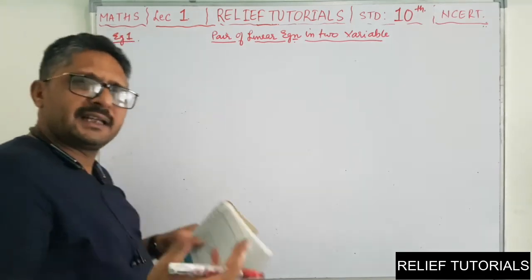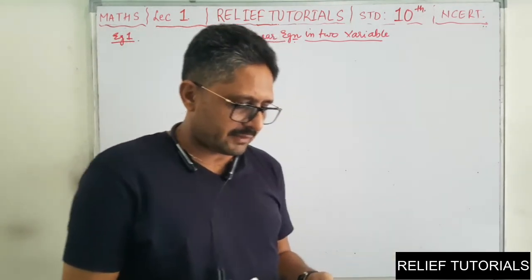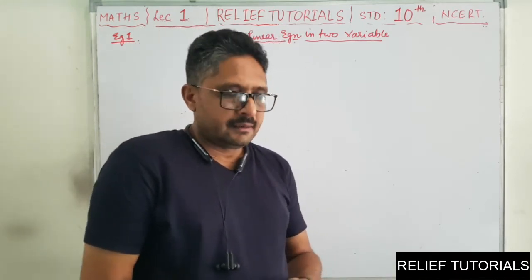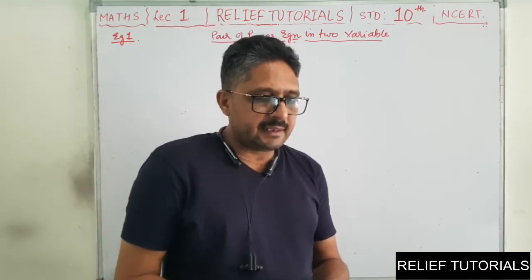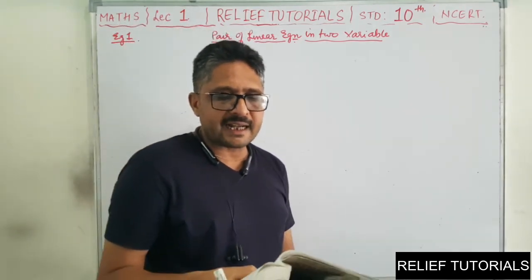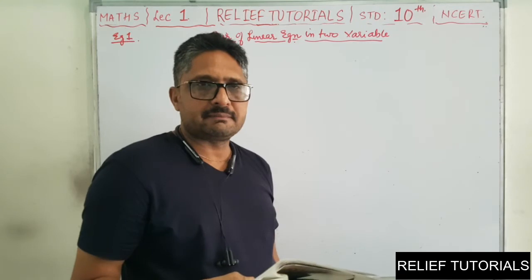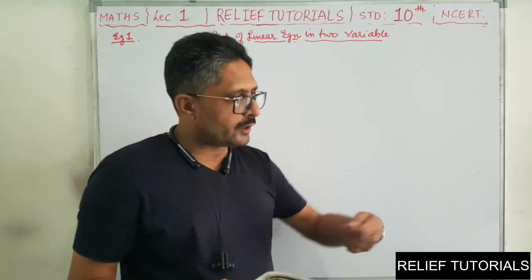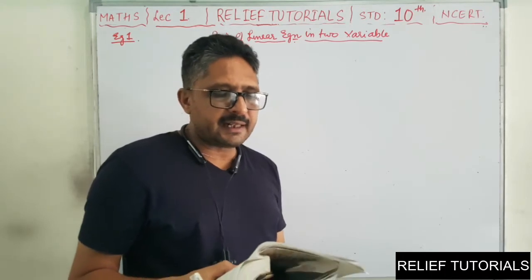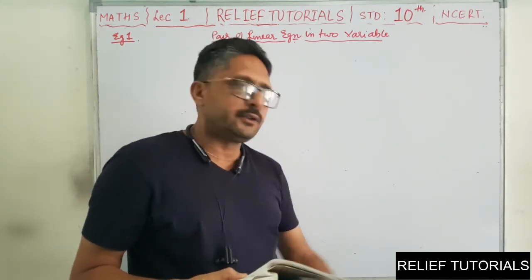Example 1. We will do many graphs, but first example 1. Akhila went to a fair in a village. She wanted to enjoy rides on the giant wheel and play hoopla. Hoopla is a game in which you throw a ring on an item kept in a stall, and if the ring covers any object completely, you get that object.